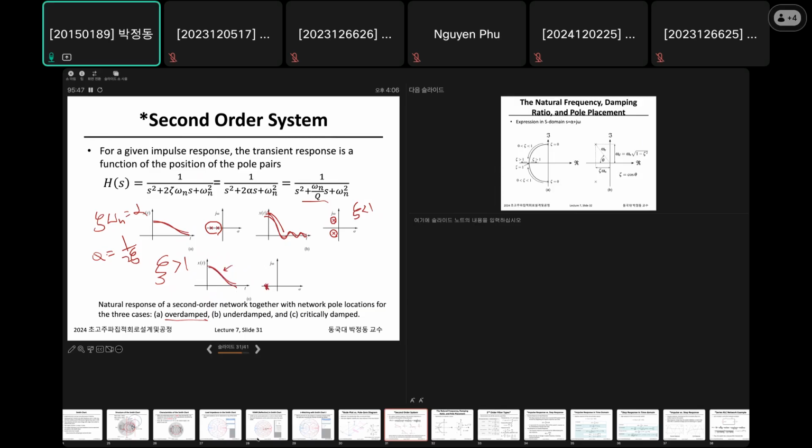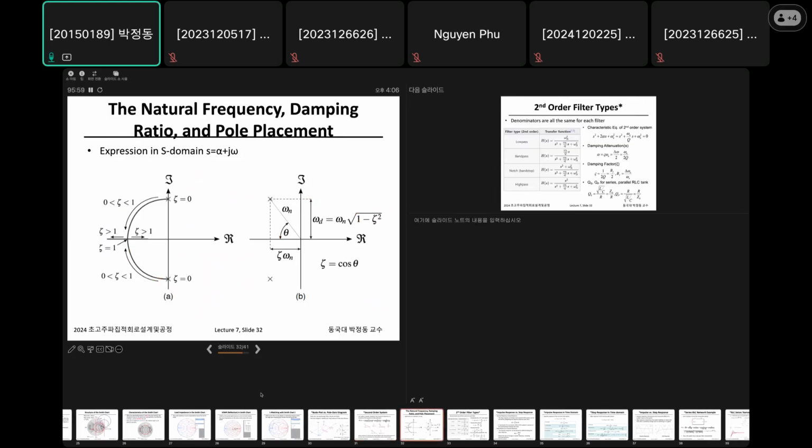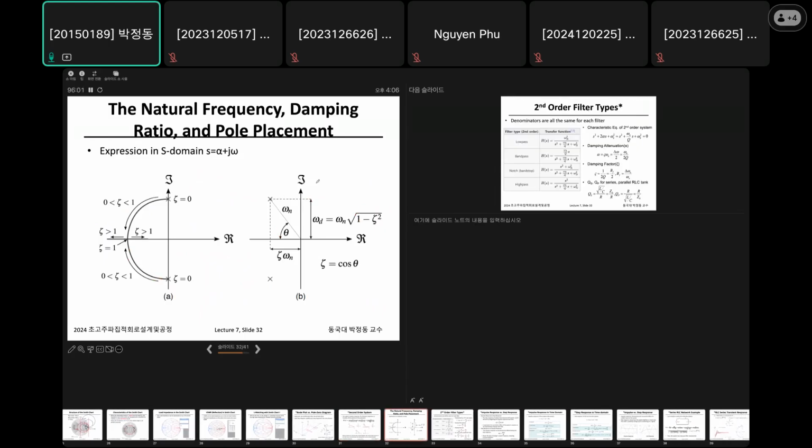So based on the position of the poles, you can estimate the transient response of the system. Again, from the real and imaginary values, this is omega, and this is alpha or sigma, right? So you express it like this.